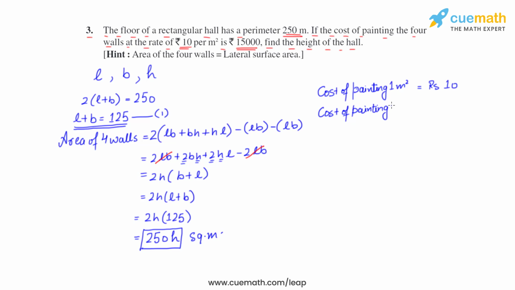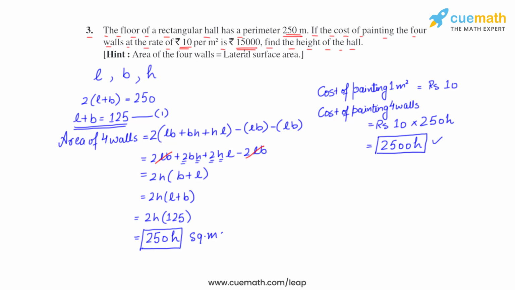The cost of painting the four walls will be equal to the cost of painting 1 square meter, rupees 10, multiplied by the total area of the four walls, that is 250H. So multiplied by 250H, this becomes equal to 2500H. So this is the cost of painting the four walls in terms of H.